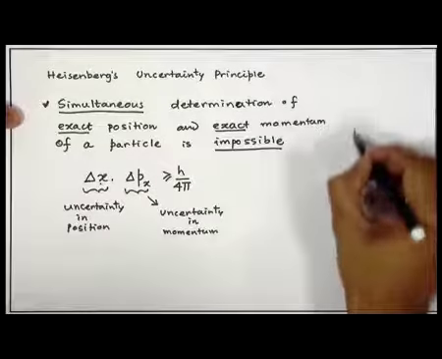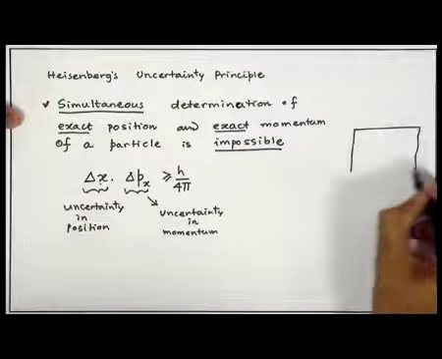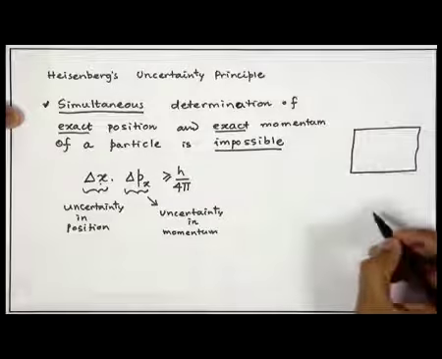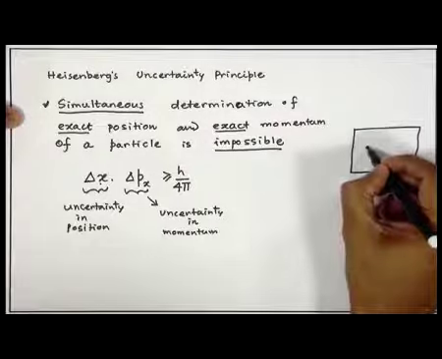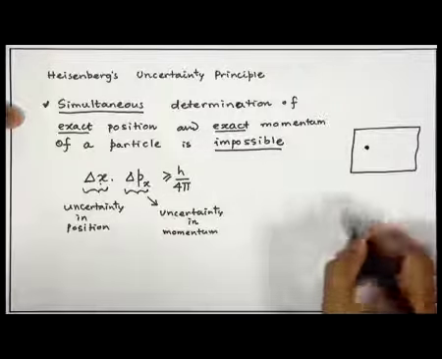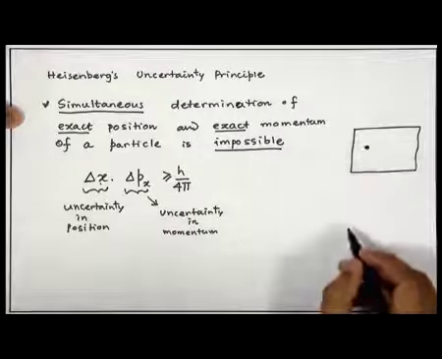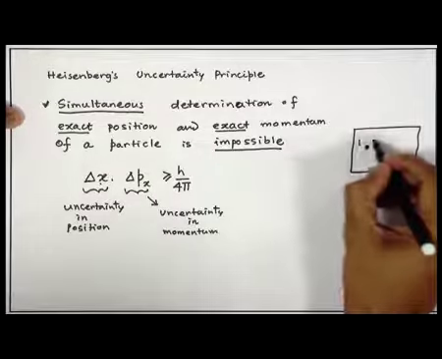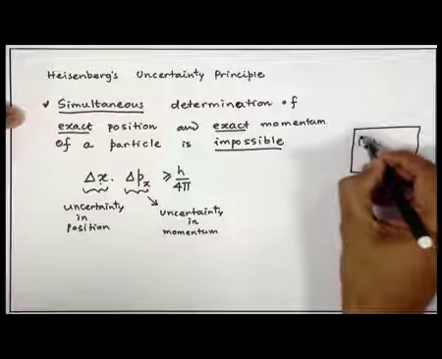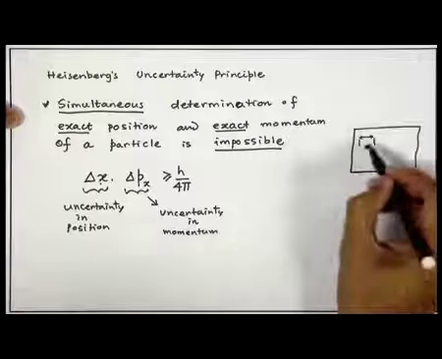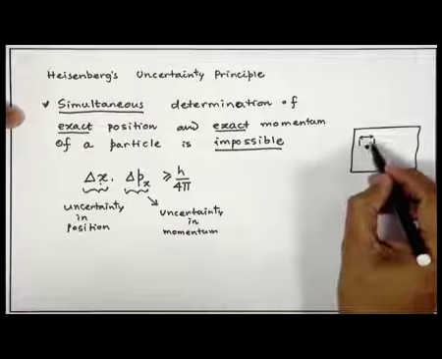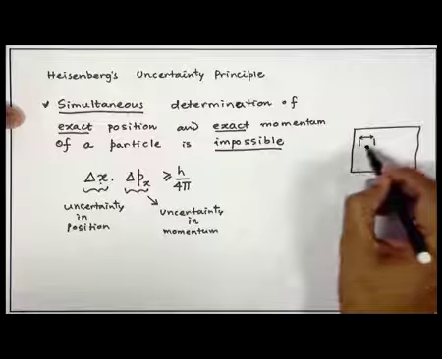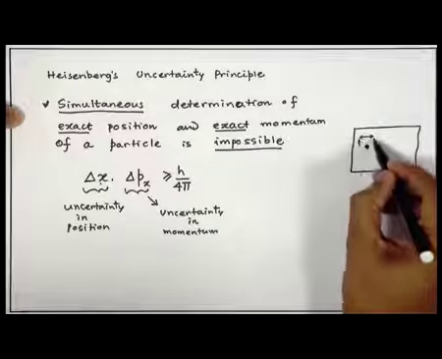Suppose that we have a two-dimensional box within which my electron can move around. If I want to locate this electron with a certain amount of precision, let us say this is my precision, I can say that the electron is certainly present in this box, but it is present between this and this.